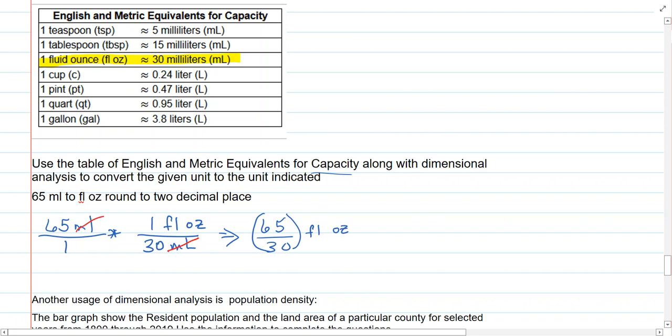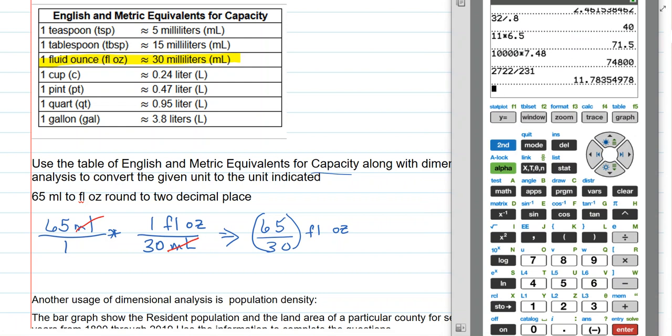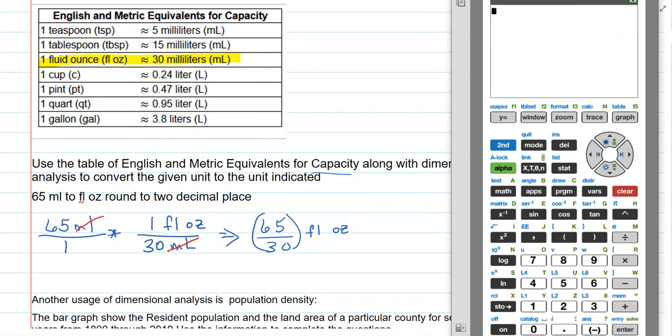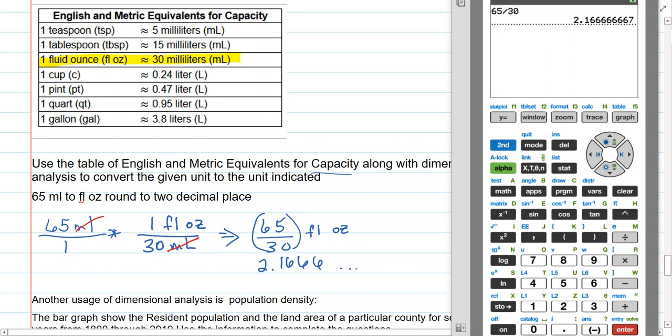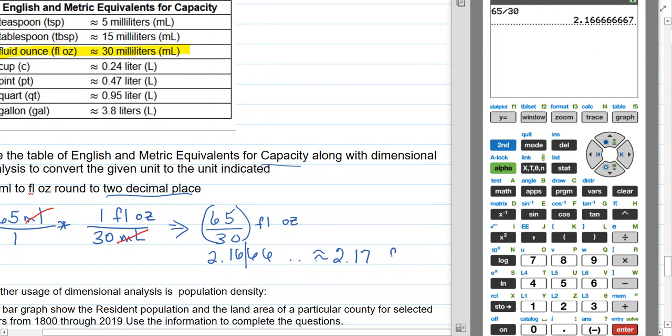Now I'm going to use my calculator. I could do it in my head maybe, but why embarrass myself with the wrong answer, right? 65 divided by 30, and I get 2.1666 repeating forever. And they want 2 decimal places. So that means it's approximately 2.17 fluid ounces.